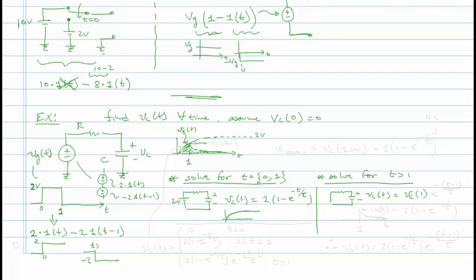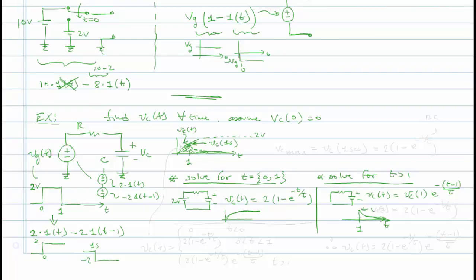So this voltage here, at this point, is VC of 1 second. So it'll be that voltage times e to the minus t over tau, except because this is happening at 1 second, we're going to say it's e to the minus t minus 1 over tau. So what we're saying is it starts at some voltage VC1 and decays down, but it's beginning at 1 second.